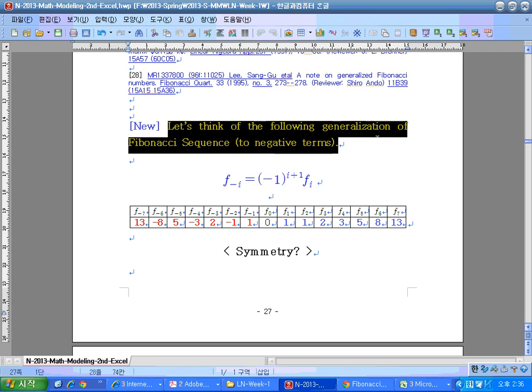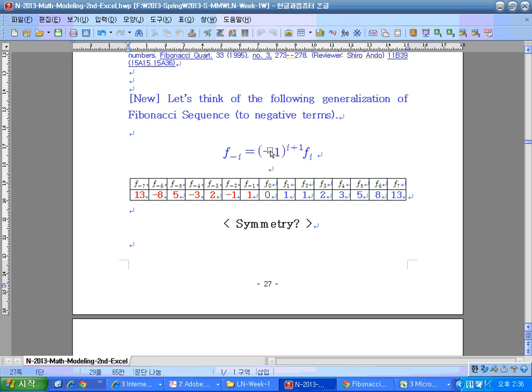Let's think of the following generalization of a Fibonacci sequence, if you define the negative terms of the sequence in this way. As you see, for the sequence that we had, we have 1, 1, 2, 3, 5, 8.